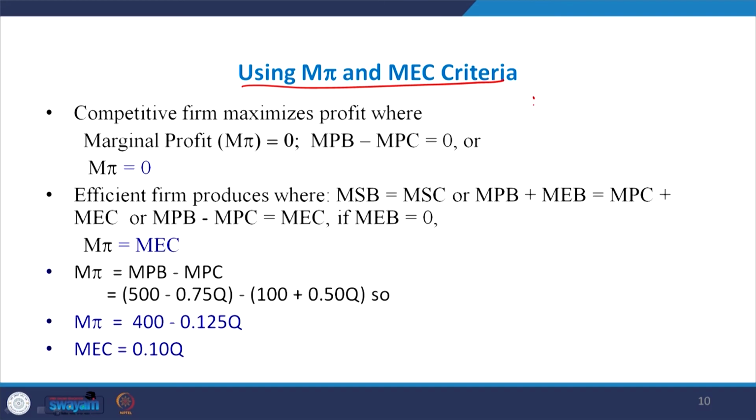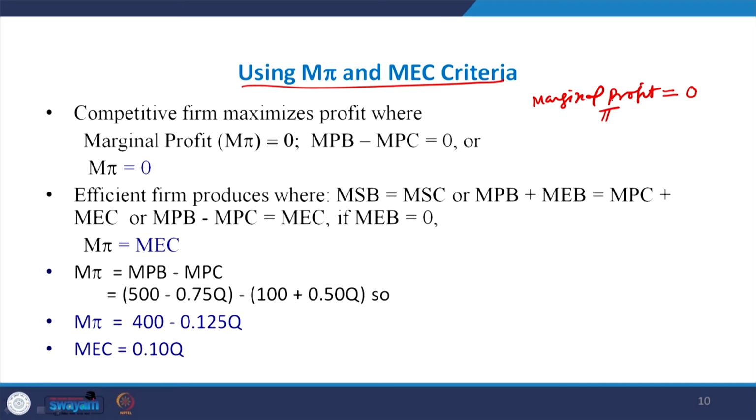So, marginal profit means net change in profit due to 1 unit change in output, which may be set equal to 0, and that is where MC is equal to MR. So, at the point where marginal private cost is equal to marginal private benefit, the marginal profit will be equal to 0. So, here we are taking pi as the profit, M stands for marginal. So, marginal profit Mπ equal to 0.